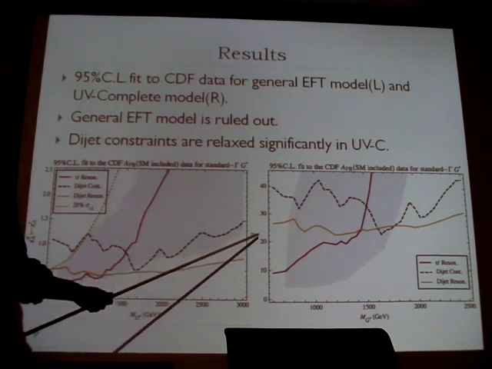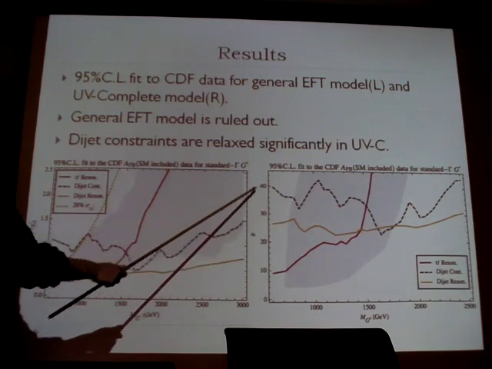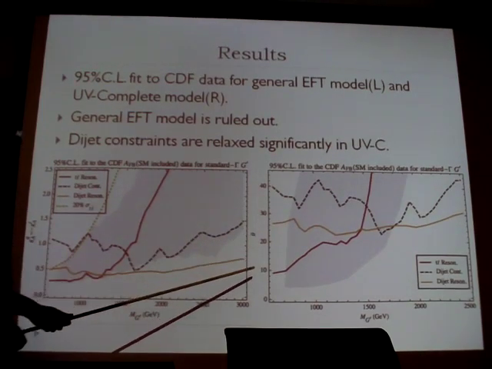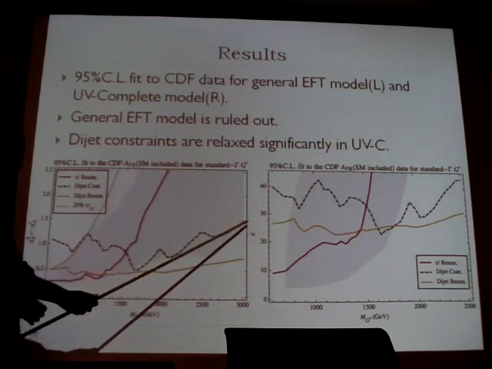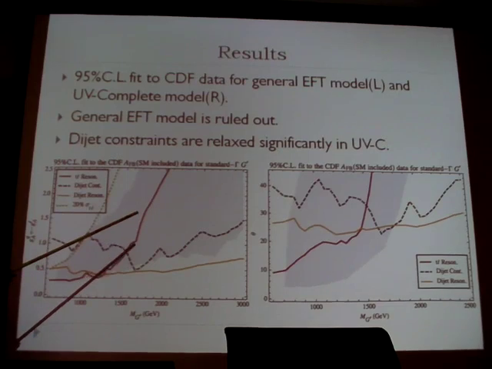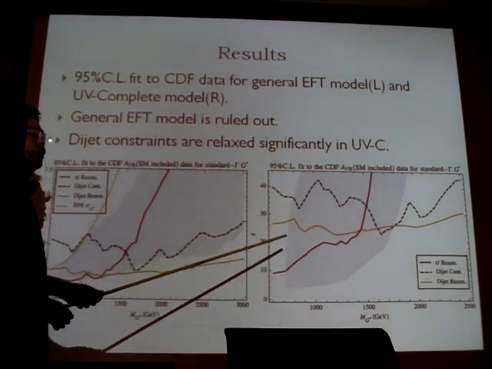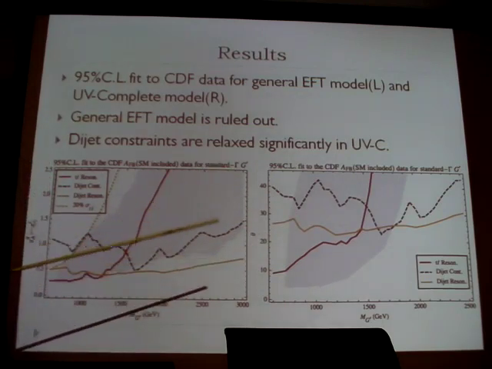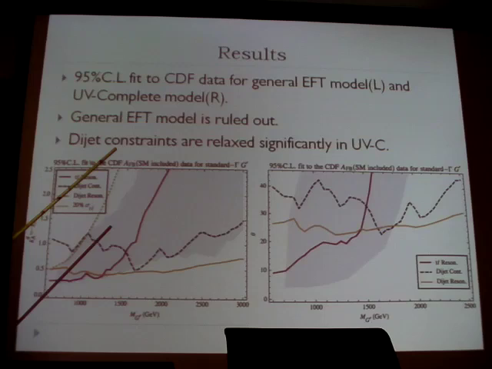But here, since all the couplings are a function of the mixing angle theta, I just list it as theta. So we can see that the dijet constraint is relaxed. That gives us a sizable part of the parameter region that survives the experimental constraint.